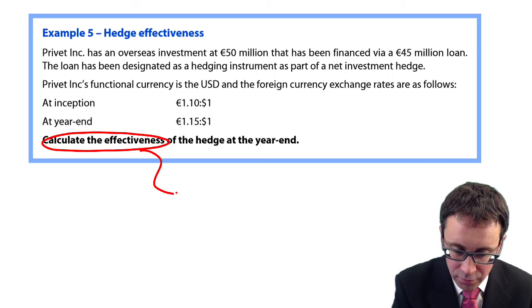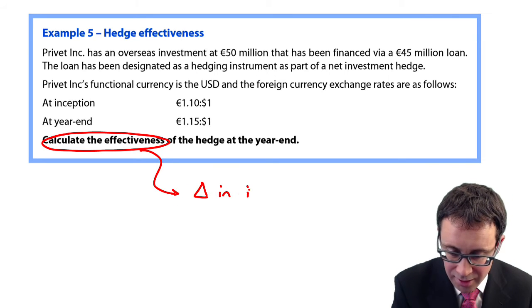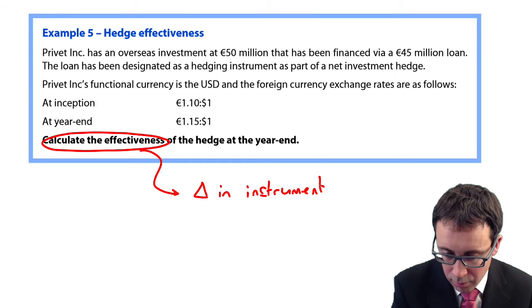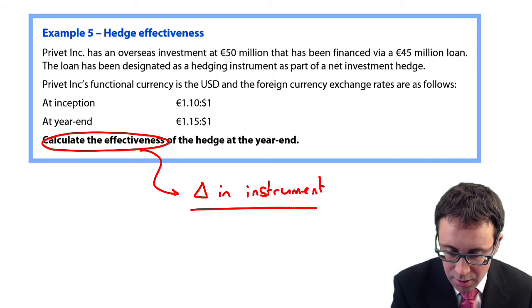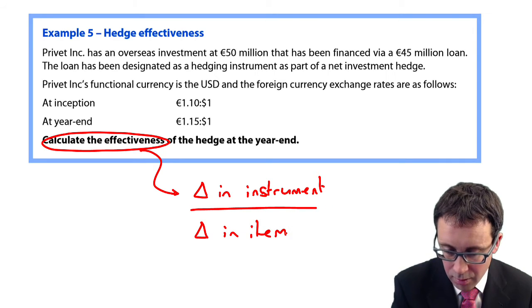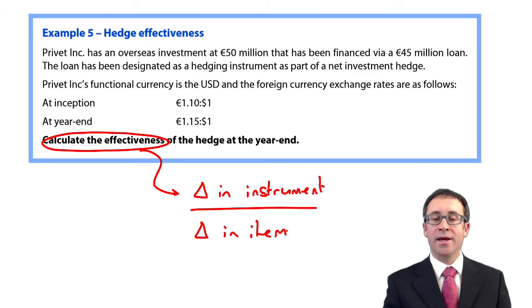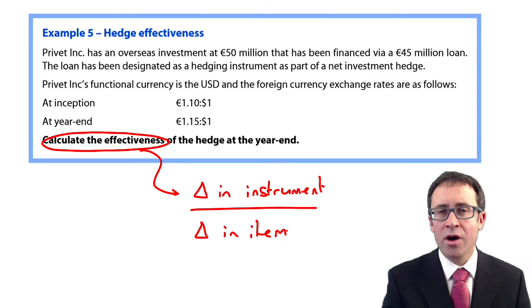So what we need to do is look at the change in the value of the instrument divided by the change in value of the item. Okay, have a go, see how you get on, and then we'll talk through it in a moment.